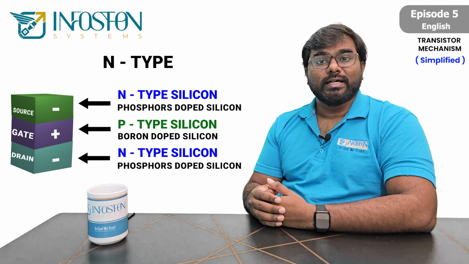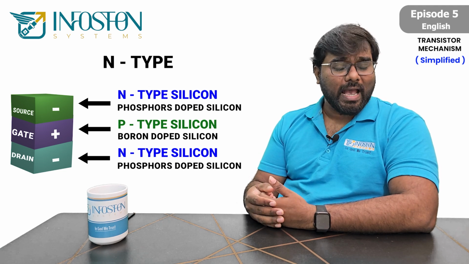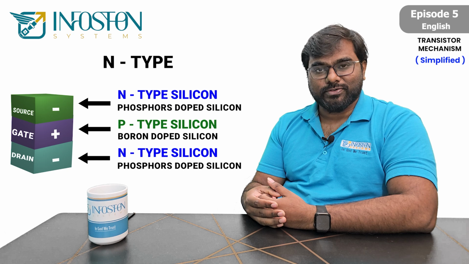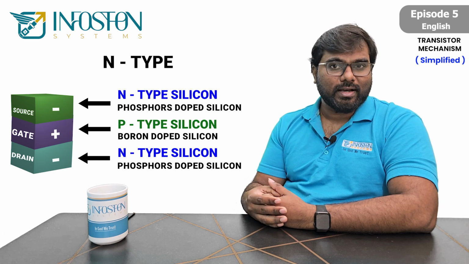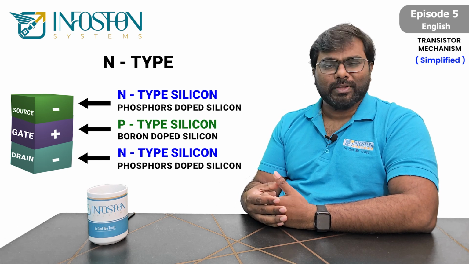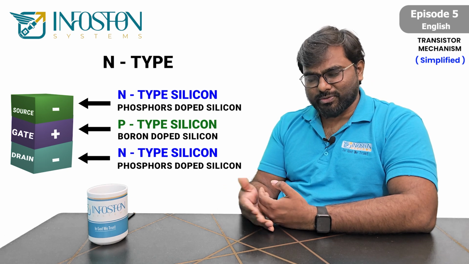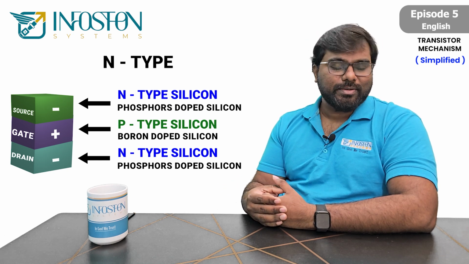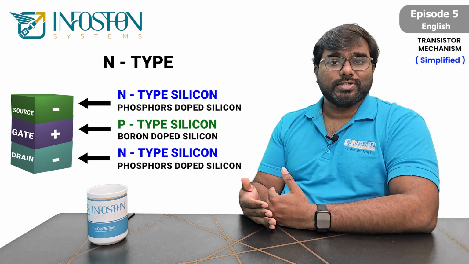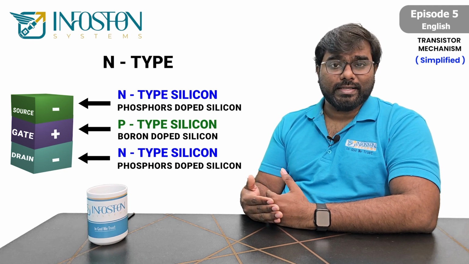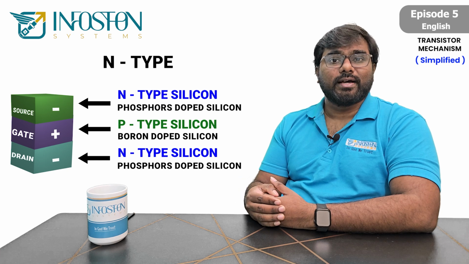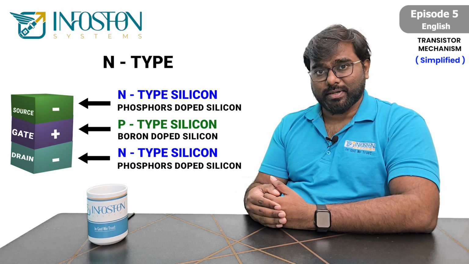We already know if any element has extra holes, it carries the positive charge, and if any element has extra electrons, it carries the negative charge. So let's talk deeper about the N-type transistor. For the N-type transistor, as I told you, source and drain are N-type silicon, and the channel under the gate is P-type silicon.